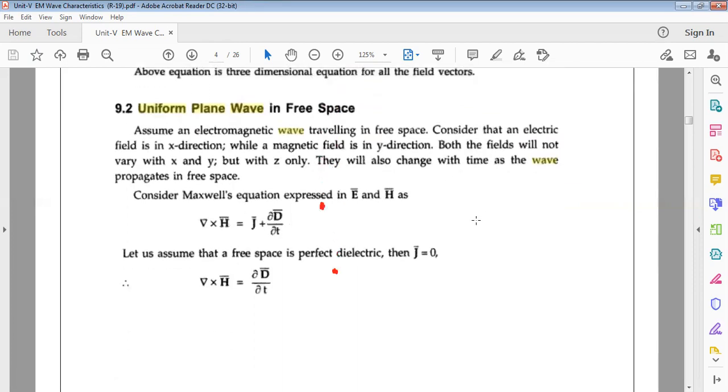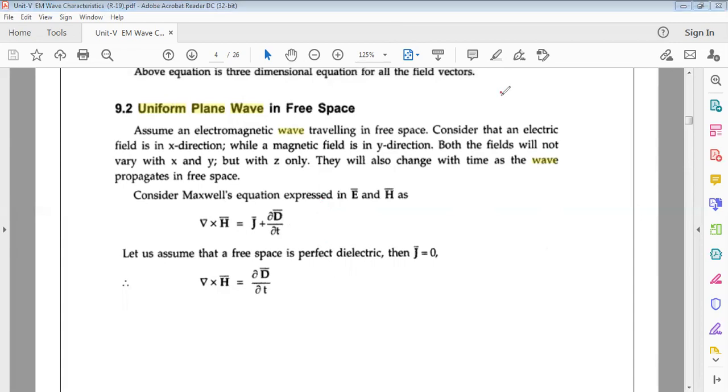Now we go for the uniform plane wave in free space, the actual topic in the electromagnetic wave characteristics. The first one is the uniform plane wave in free space. Free space means the dielectric dominates compared to the conductivity: sigma is very much less than omega epsilon.